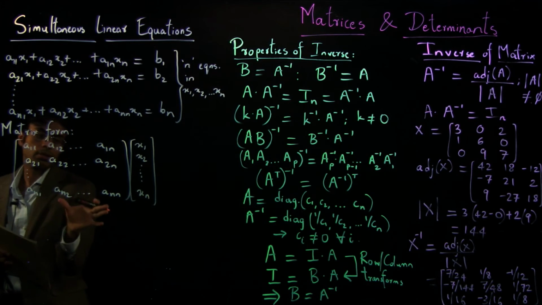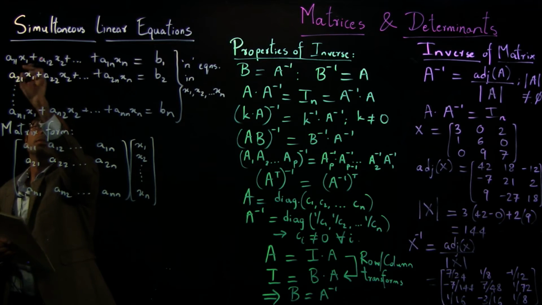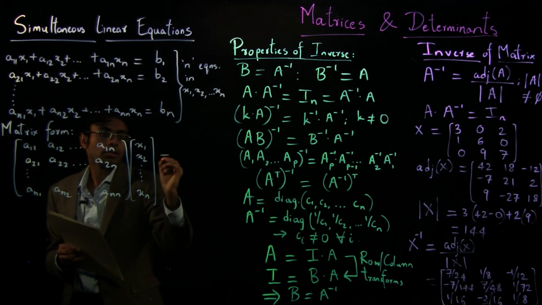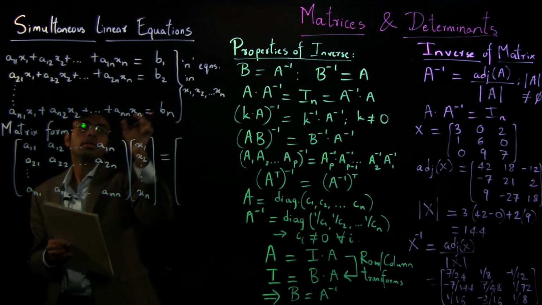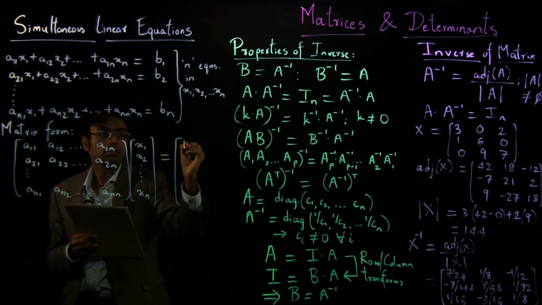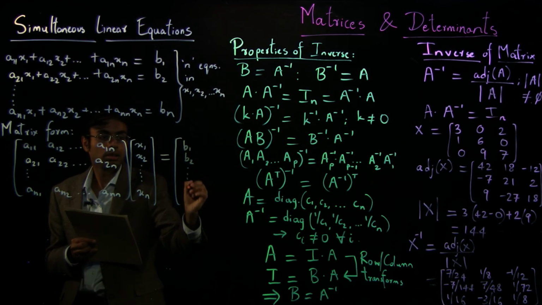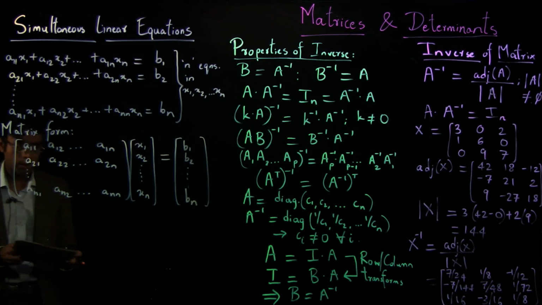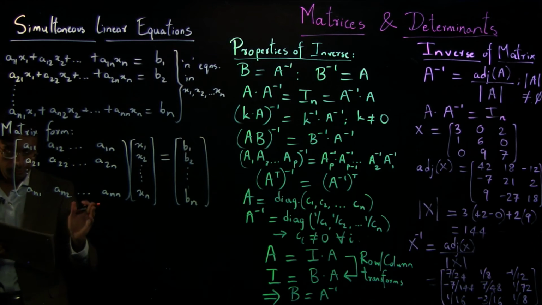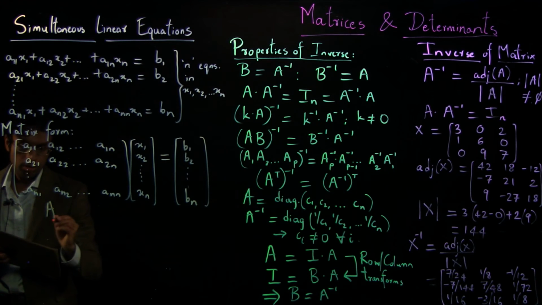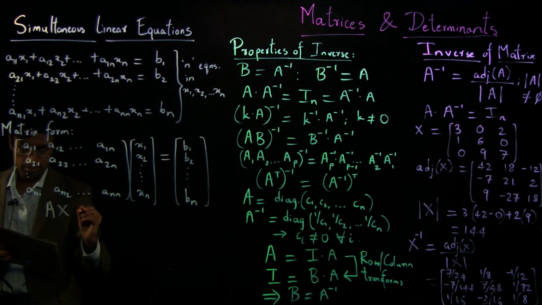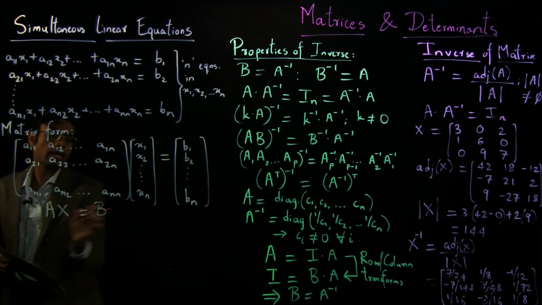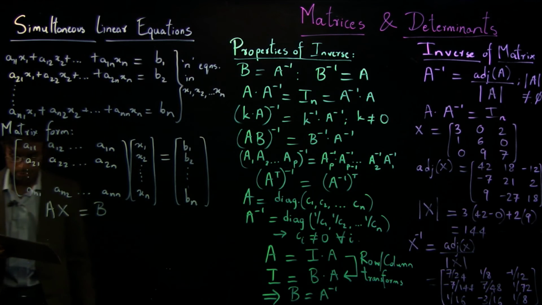So this is the product of the coefficients of these variables times the unknowns, and your right hand side is the constants in the equation. Or even more compactly, we can write this as Ax equals b, where A is this matrix, x is this matrix, and b is this matrix.